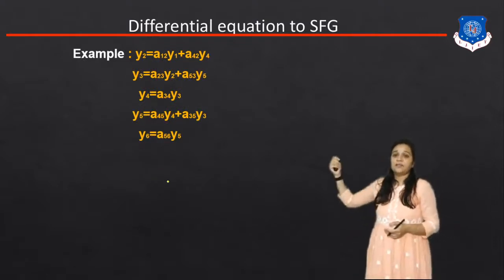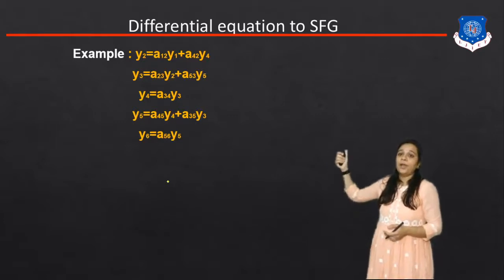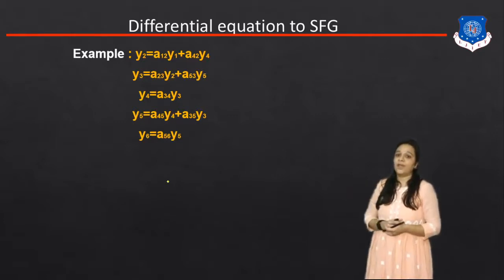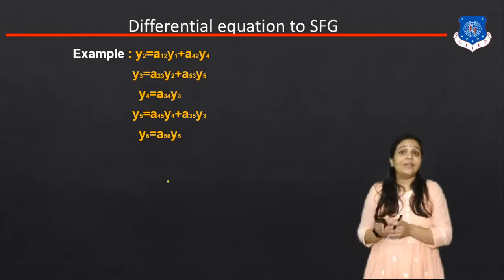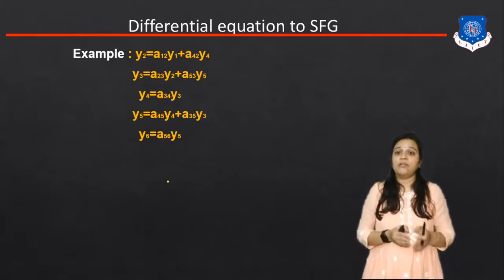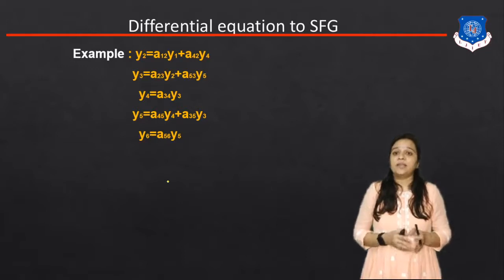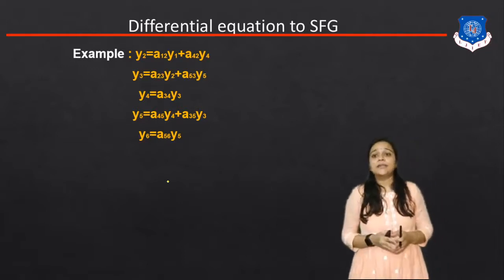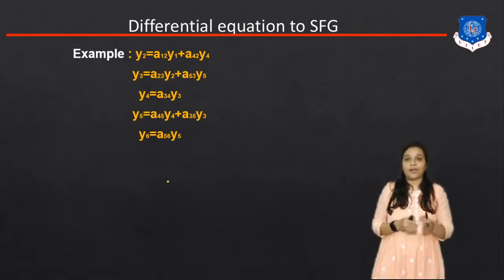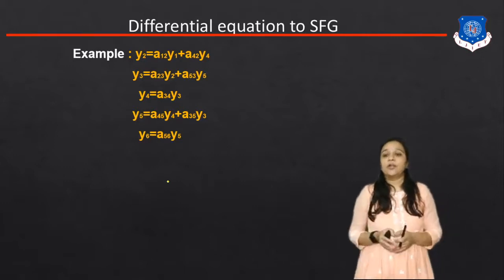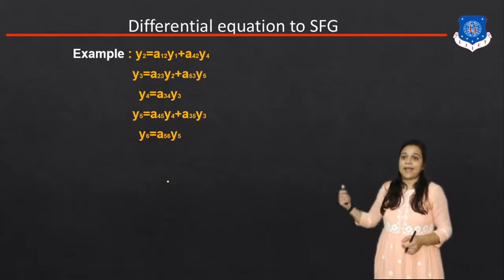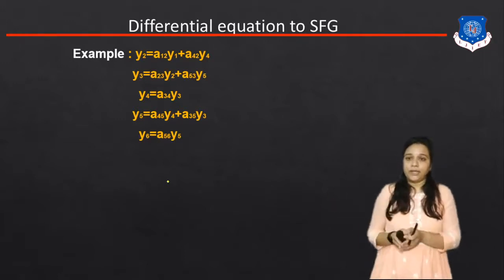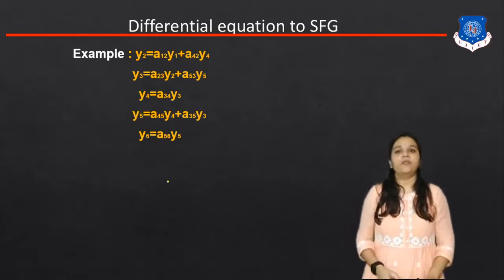The equations are y2 equals a12 y1 plus a42 y4, y3 equals a23 y2 plus a53 y5, y4 equals a34 y3, y5 equals a45 y4 plus a35 y3, and the last one, y6 equals a56 y5.